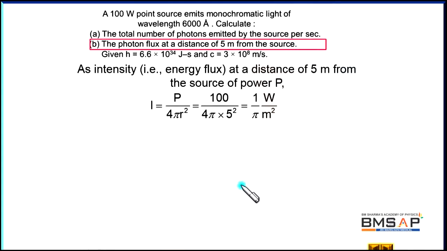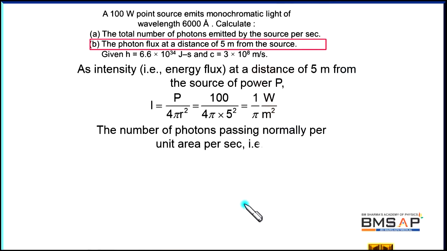Now we can calculate the number of the photons passing normally per unit area. This is the energy per unit time and this is the area. That means this is the energy per unit time per unit area. That means if we divide this term, that is the intensity of the radiation, with the energy of a photon, we can find the number of the photons passing normally per unit area per second.